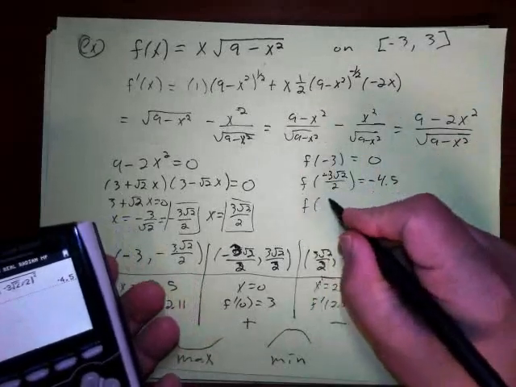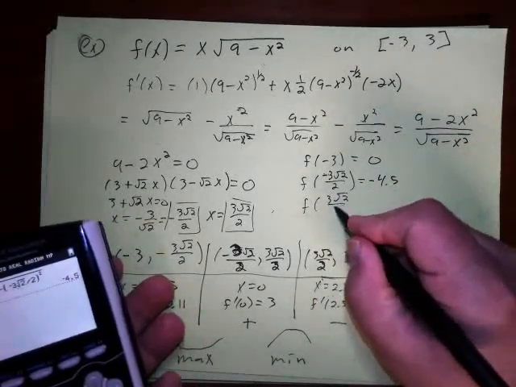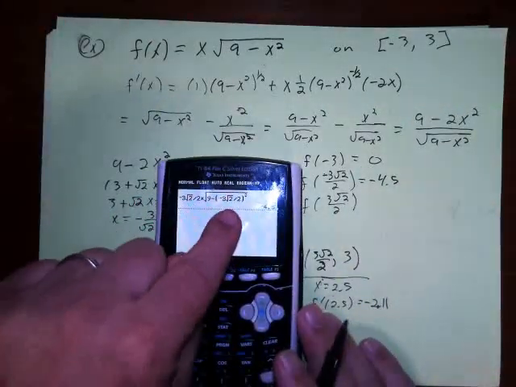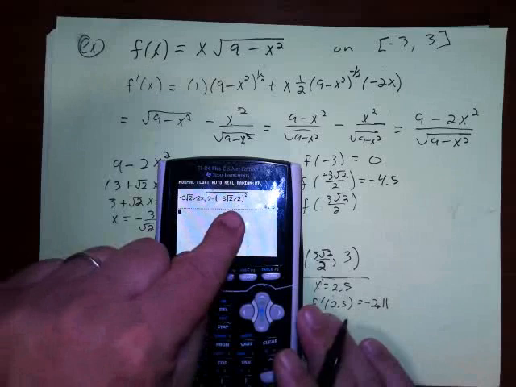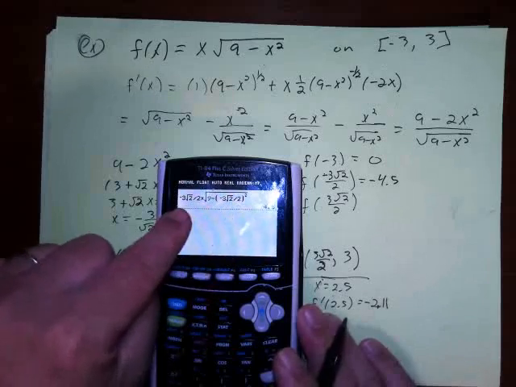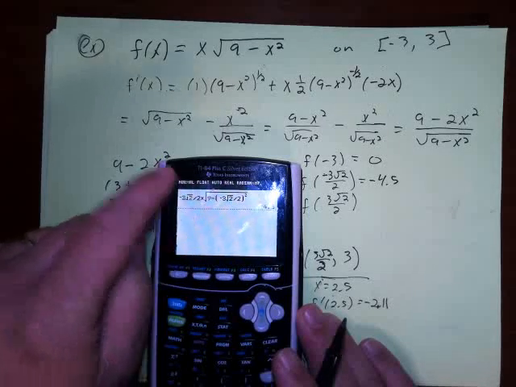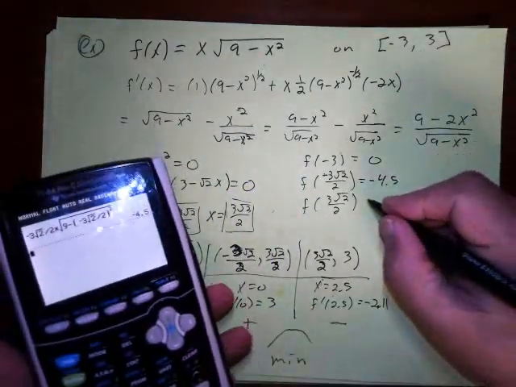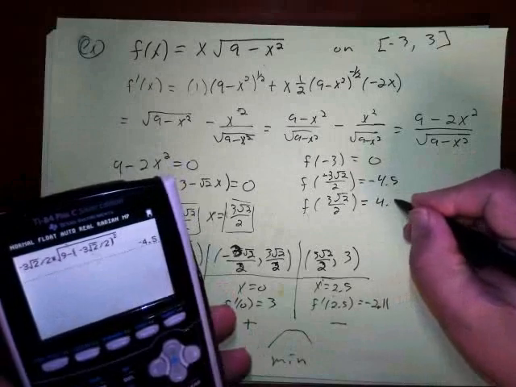And then notice if I put in the positive one here, this would be positive, but this doesn't change. The only thing that's going to change is the sign. So this would be 4.5.